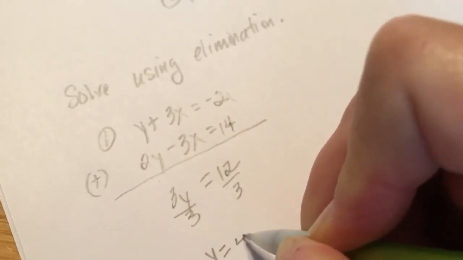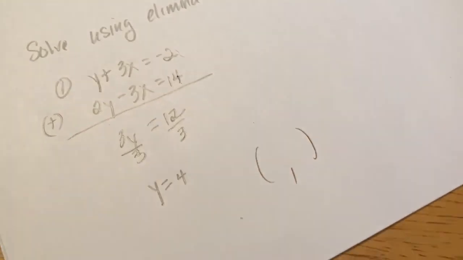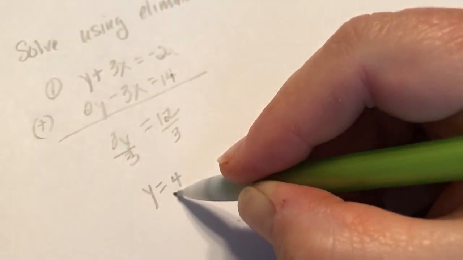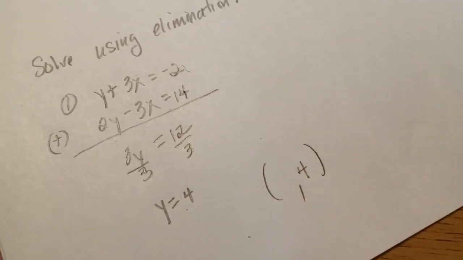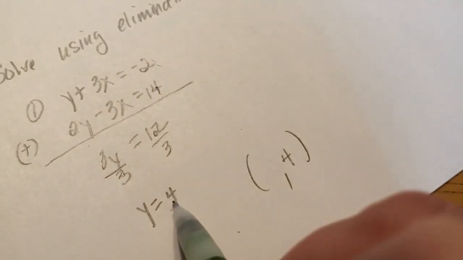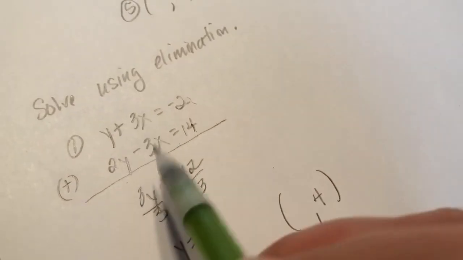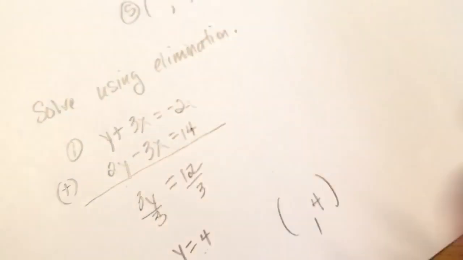And y equals 4. Now, I know my answer has to be an ordered pair. So once I get the first one, I like to put it in the correct spot. Since it was y, I put it in the y. Now, to find the other one, so step 4, we are going to plug this into either one of these. It doesn't matter. I always plug it into the first one, but you don't have to.